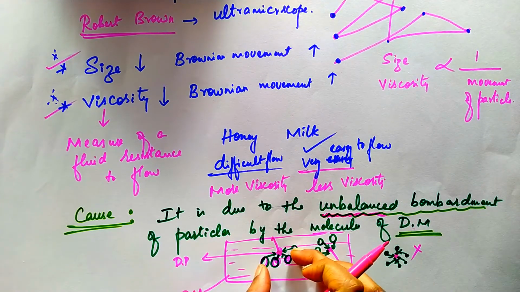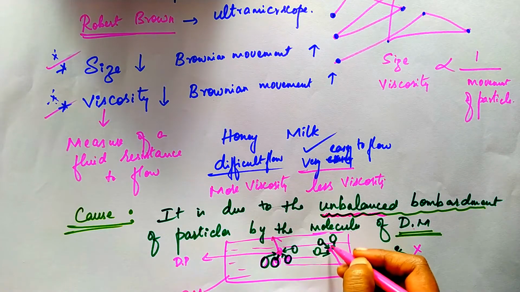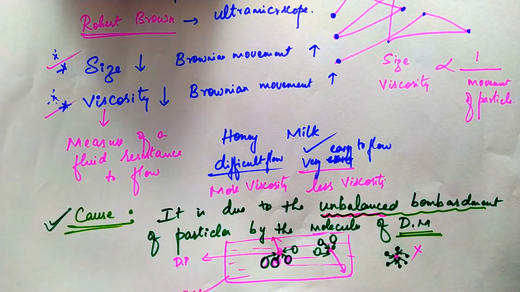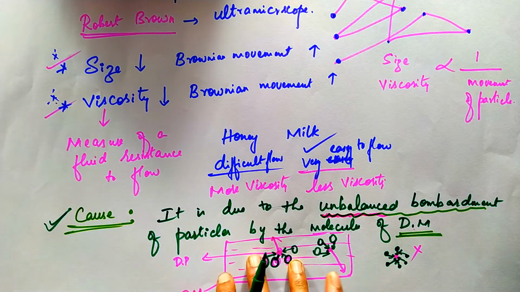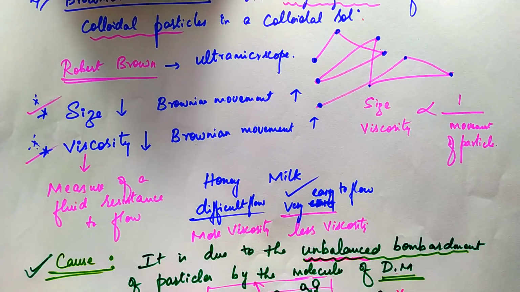So here the molecules are hitting upward, so the colloidal particle moves upward. If the dispersed medium particles hit the colloidal particle downward, then the particle moves downward. So this is the main cause for the Brownian movement, that is the zigzag motion of a colloidal particle in the colloidal solution.